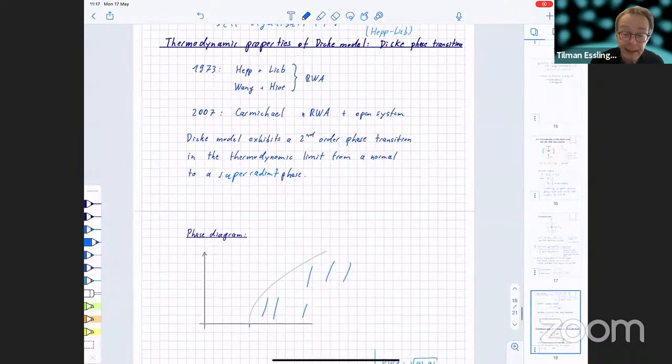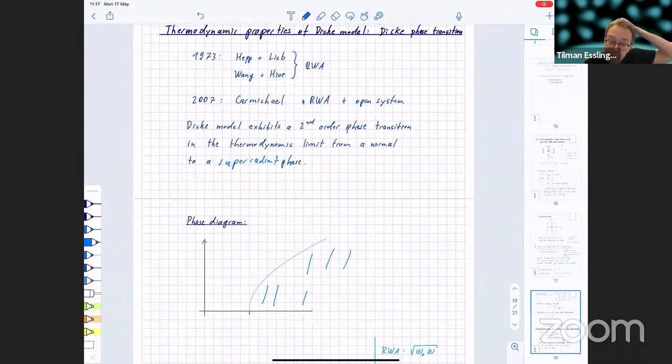I mean, in terms of what Hepp and Lieb looked at, imagine you have an empty cavity which is resonant with a two-level system, and now you put a two-level system in, and then you get the vacuum Rabi splitting over the Jaynes-Cummings Hamiltonian.